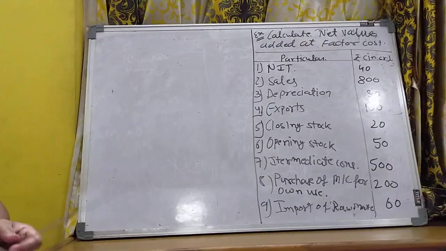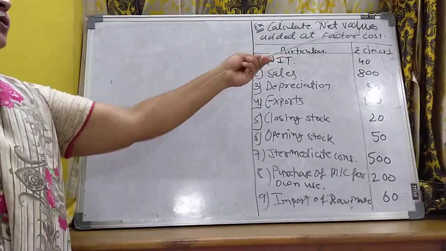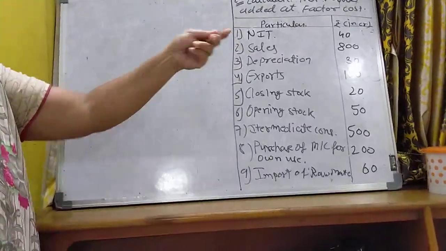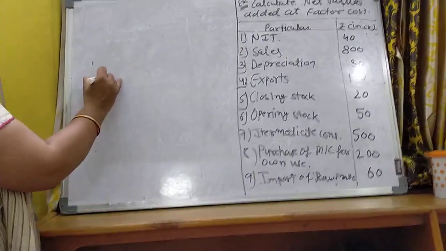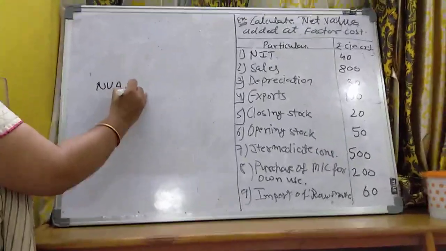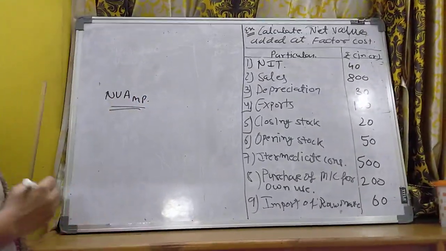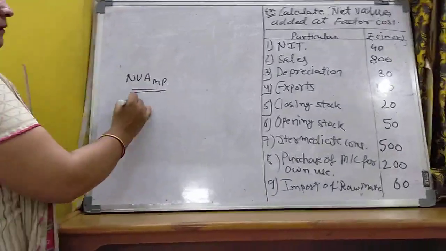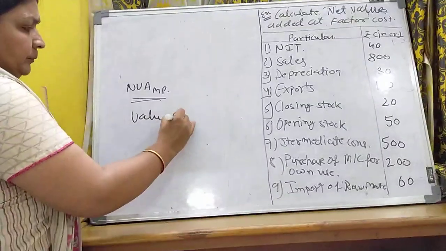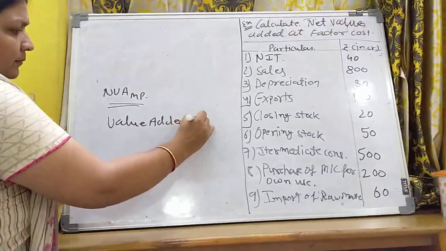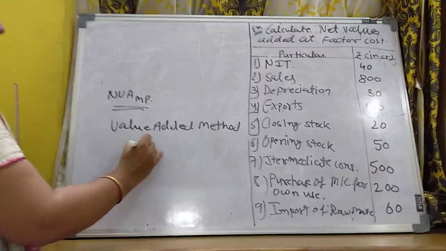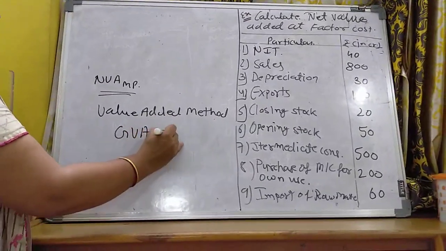Use this information and calculate net value added at factor cost. It means NVA FC you have to find out. But keep one thing in mind and remember: when we are using the value added method, we just calculate the GVA MP.